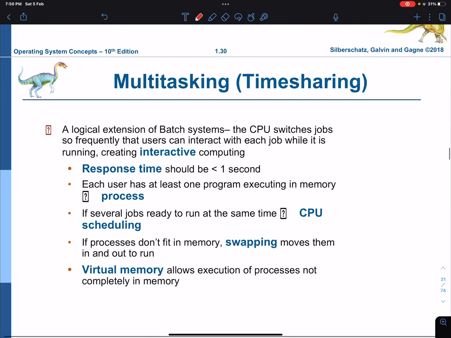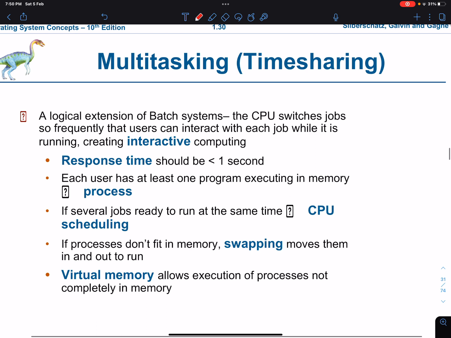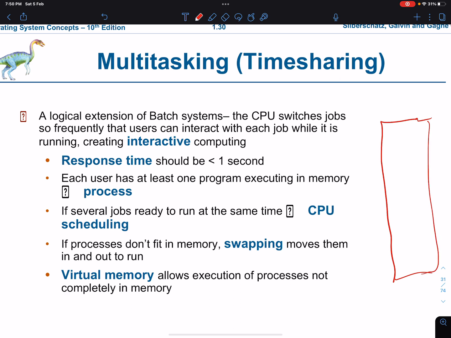Multitasking is an enhancement for the batch systems. What is it? The fact here is that the jobs will not wait here, being executed until it's done. No.